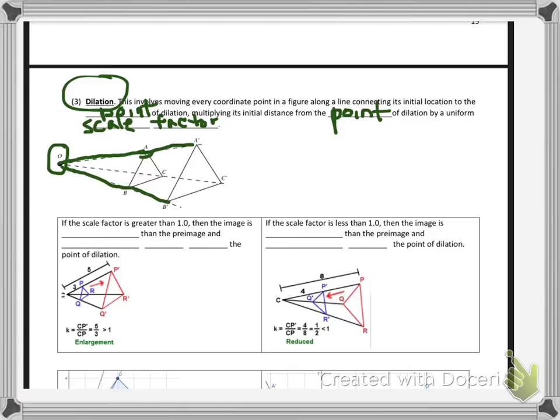So if the scale factor is bigger than 1.0, then the image is bigger or larger than the pre-image and farther away from the point of dilation.